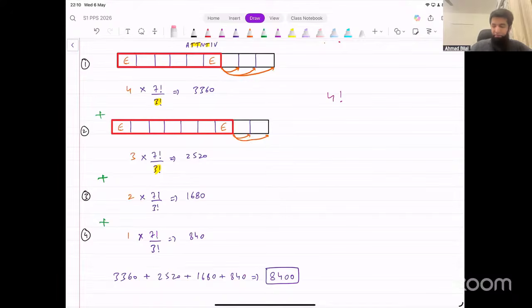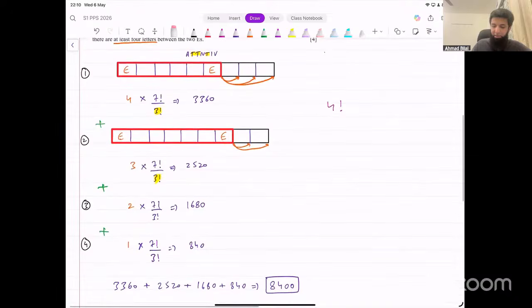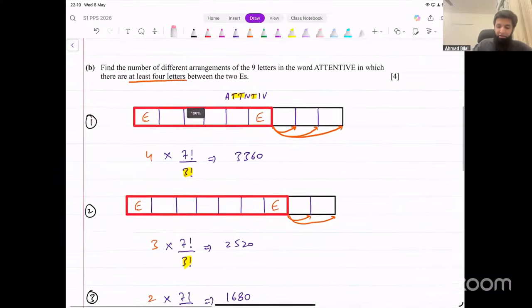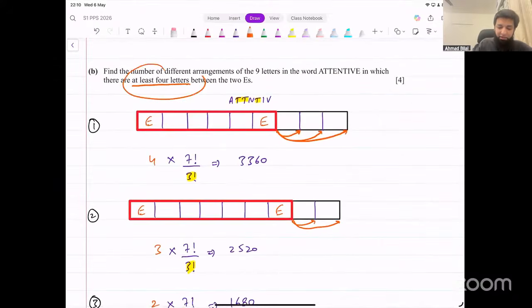If you've come across these questions, if you've practiced these questions before in the past papers, it'll make a lot more sense. But that's how you'd approach it. Okay? Generally, when they give something like this, at least a certain number of something, at most a certain number of something, that is a hint for you that you will need to make cases, right?